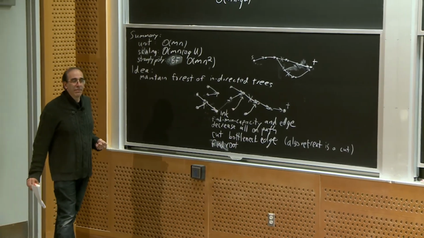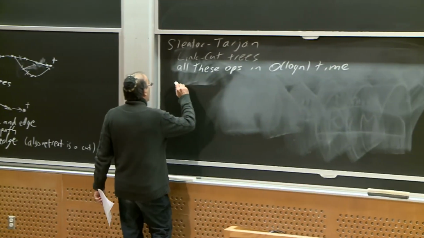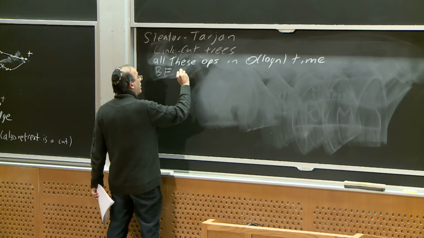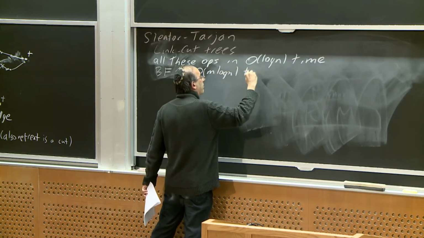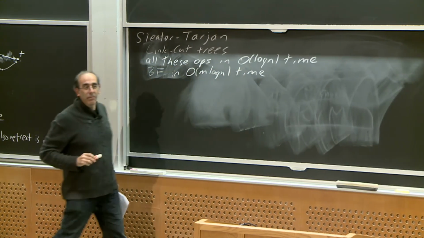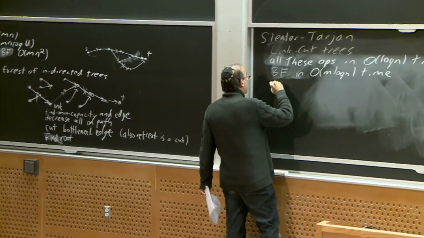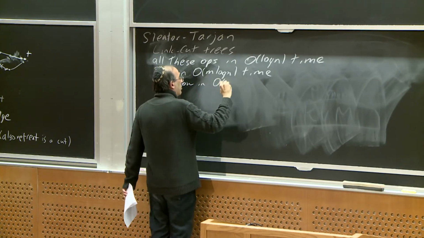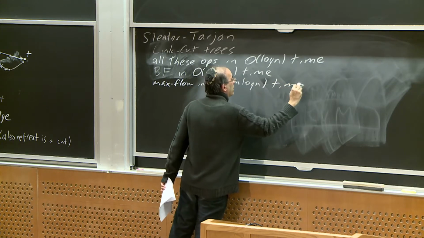Okay? And if you work through the analysis of our blocking flow algorithm, this means that you can find a blocking flow in order n log n time. Which means that you can do a max flow in order mn log n time.